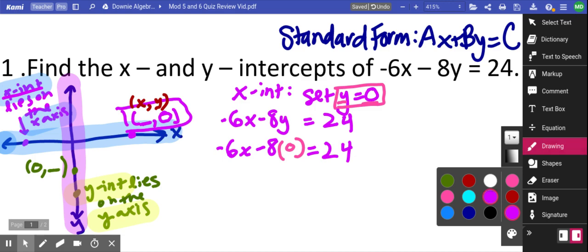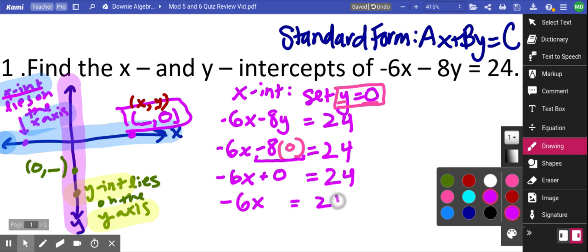I know that negative 8 times 0 gives us a 0. And I want to get x all by itself. Negative 6x plus 0 is just negative 6x equals 24.